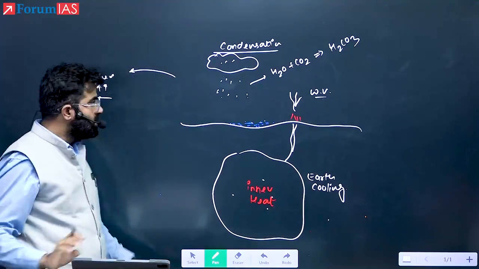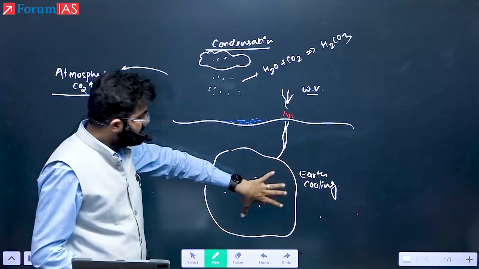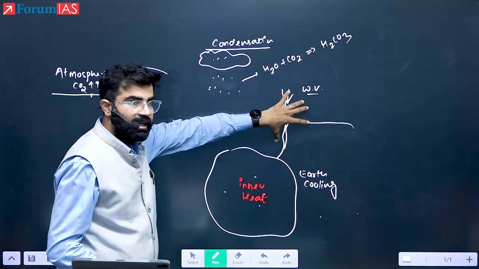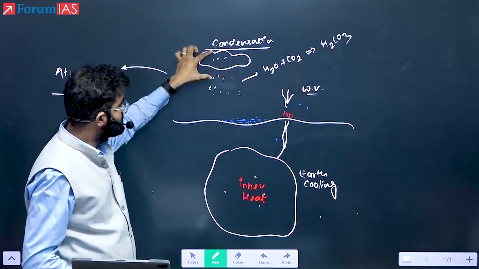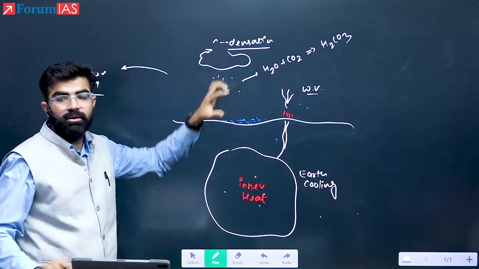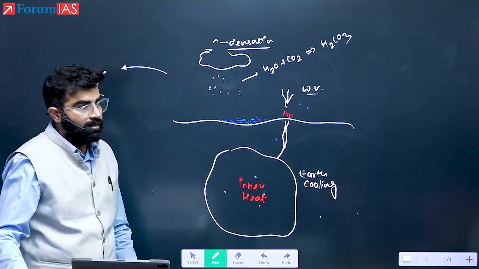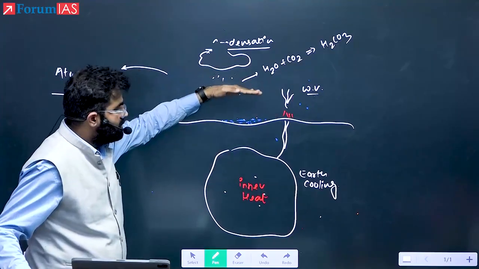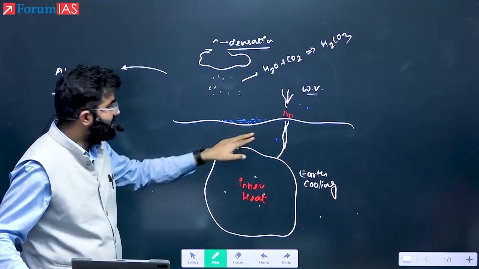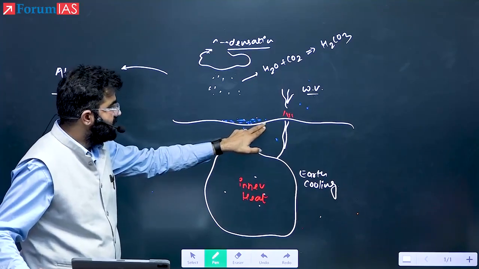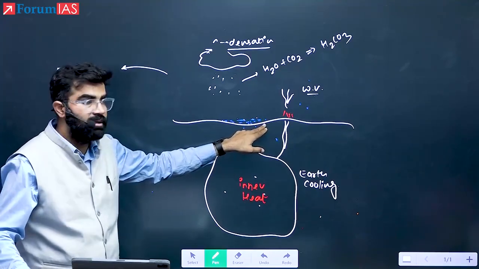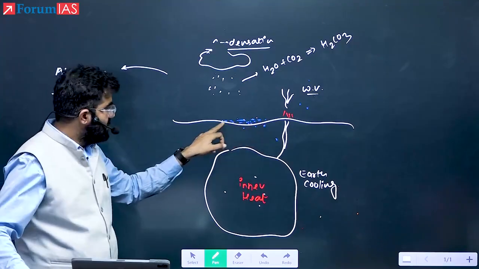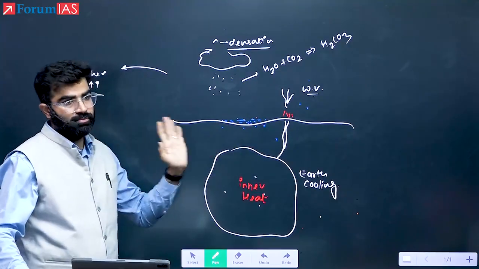Now see here. What is the process? Heat is trying to escape out, volcanic eruption, water vapor, condensation, rainfall. With the rainfall, the water is coming down with the carbon. Carbon is getting removed from the atmosphere. The water, which is highly acidic with this weak carbonic acid, started depositing in some depressions. These were natural depressions, and this is how the seas and oceans formed.